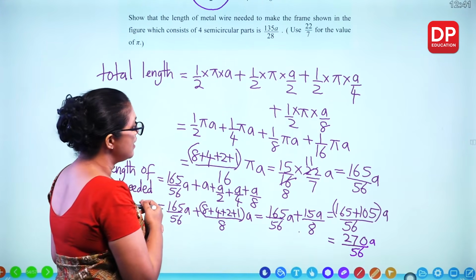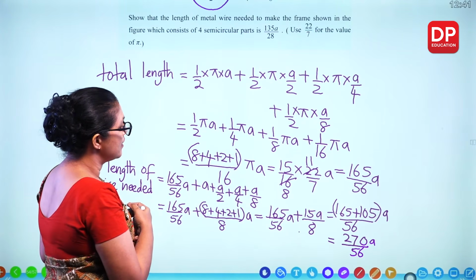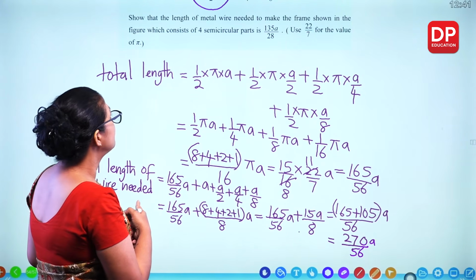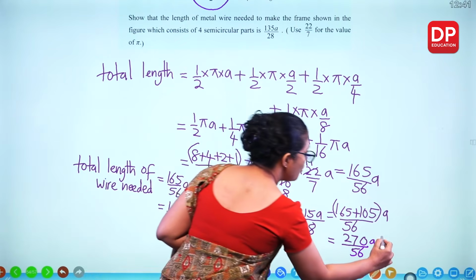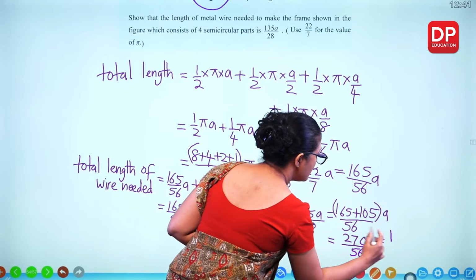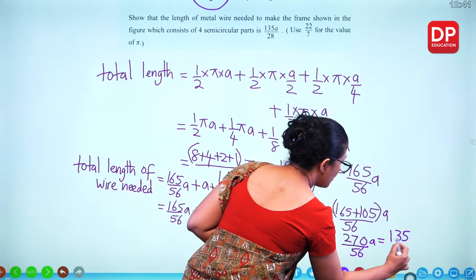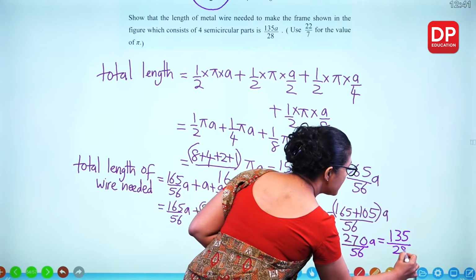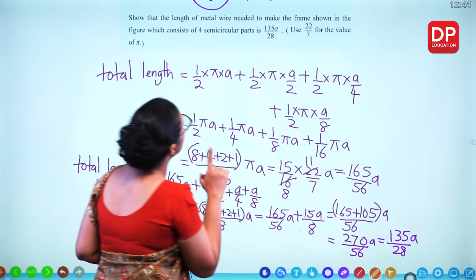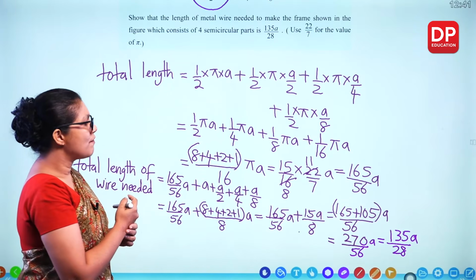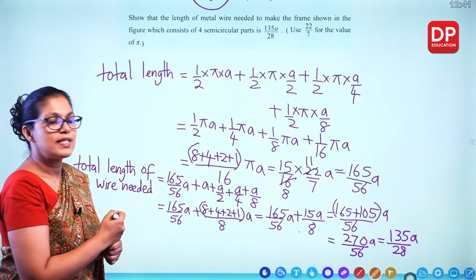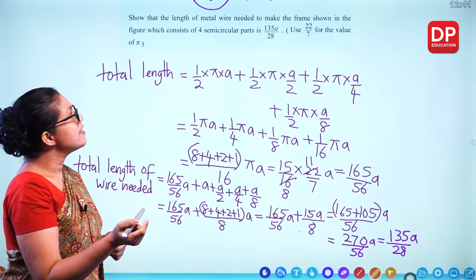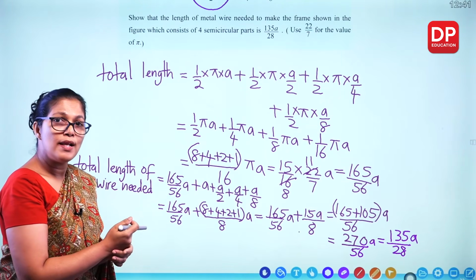So you can divide by 2. You get 135 in the numerator and 28 in the denominator. So the answer is 135A over 28. That's the total wire needed to construct the whole frame.